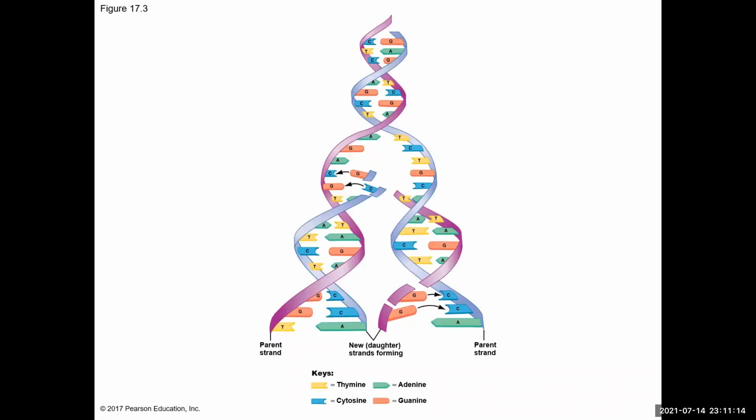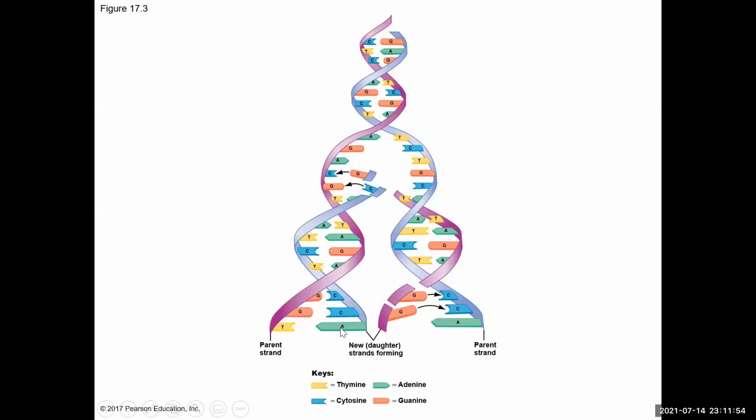Okay? So here we have a figure where at the top you have your parent strand. And the DNA strand here will be unwound and separated. You see that this purple strand is a parent strand, and this blue strand is the other parent strand. And what happens then is DNA polymerase will read each parent strand and make the associated second strand based off of those base pairs.